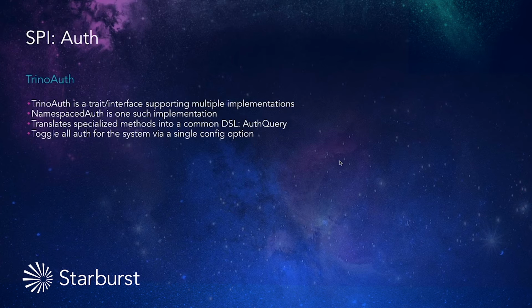For Auth, we've written the Trino Auth implementation of system access control. Trino Auth is itself a trait/interface which supports writing sub-implementations. Namespaced auth is one such implementation, and you'll see that used later in some of the examples.